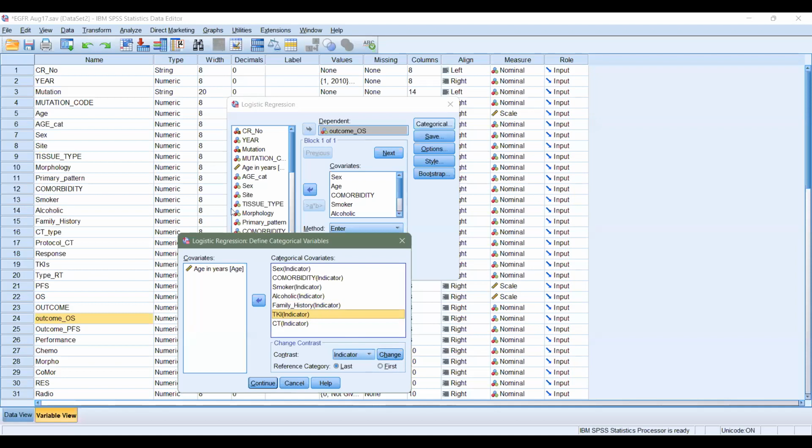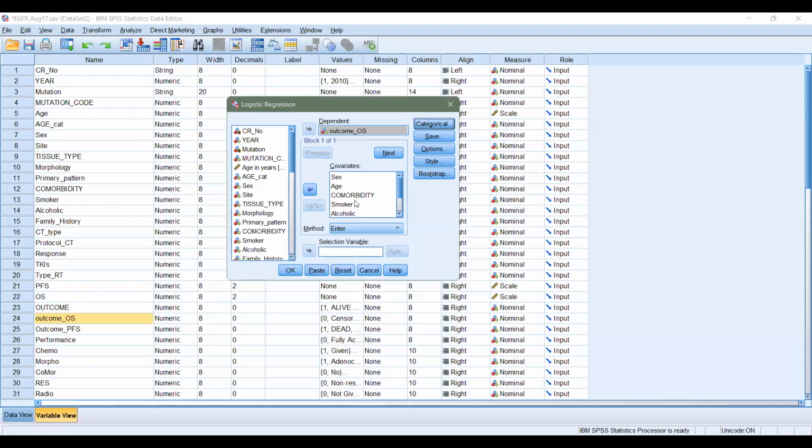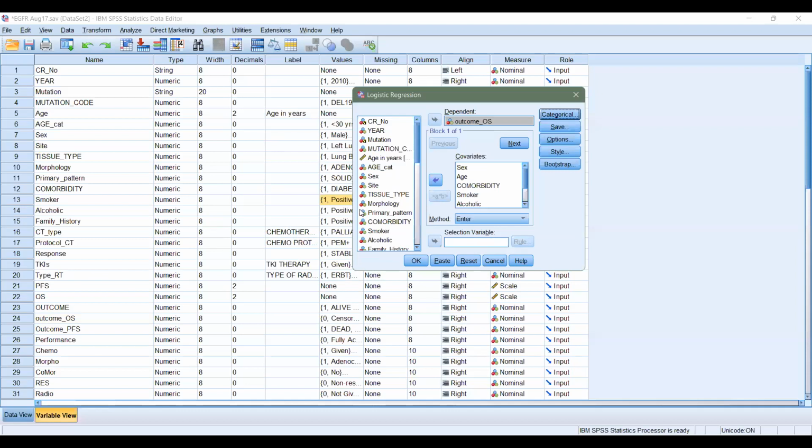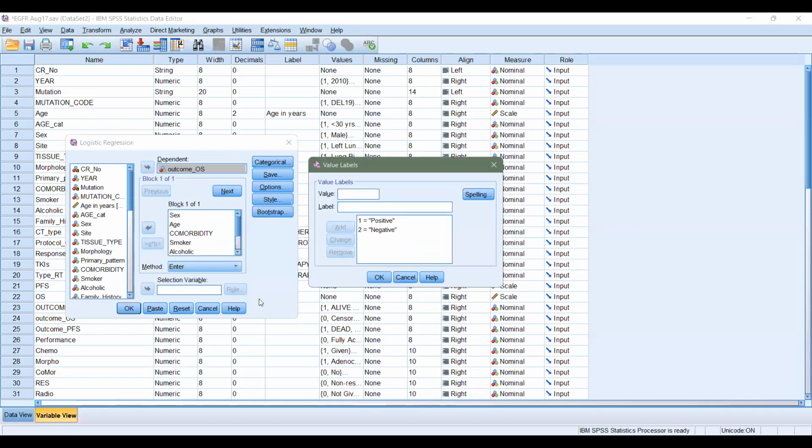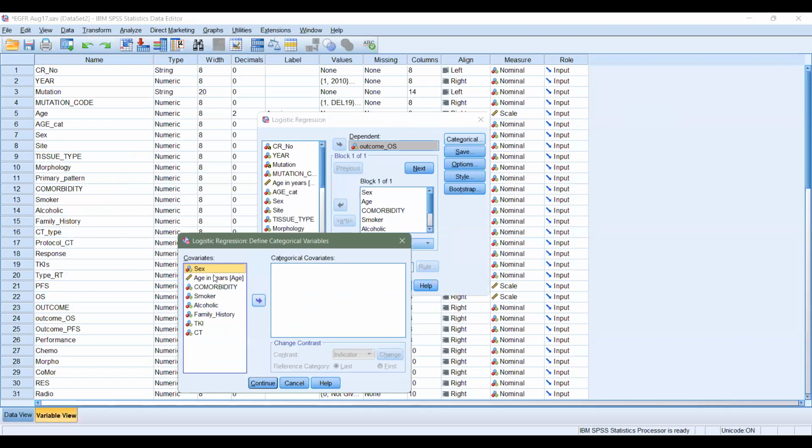For smoking, I have coded positive and negative, so yes and no. Negative is 2, so I am okay with negative as the reference category because I want to interpret about the positive, that is, those who are smokers. So I'll go with the last category only. I have to put this category again for all categorical variables.